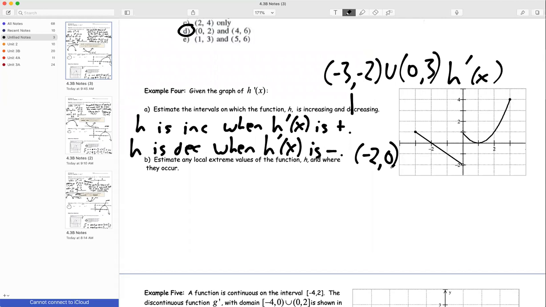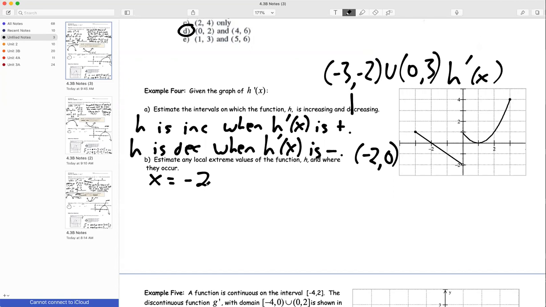Part B says estimate any local extreme values of the function h and where they occur. So I'm looking for extrema. Extrema can occur at 1, critical points, or 2, endpoints. So critical points are where the derivative is 0 or undefined. So let's start there. I can say that x is equal to -2.